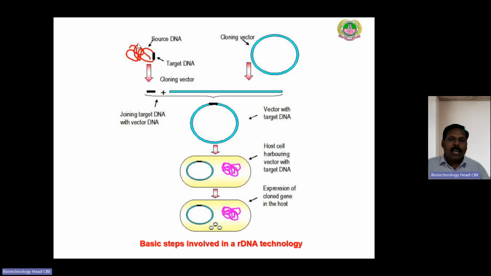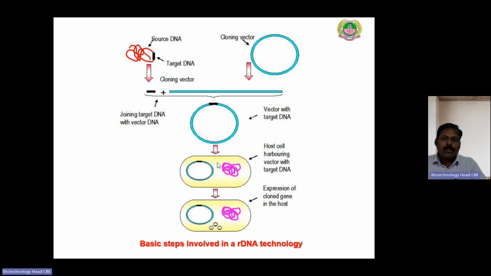The basic steps being isolating the target DNA from the source organism by using PCR or specifically cutting with a restriction enzyme. And you need a carrier molecule, a vector, for carrying your foreign DNA. So the cut DNA from the source as well as from the carrier vector can be joined together by using a ligase enzyme that will produce a recombinant DNA.